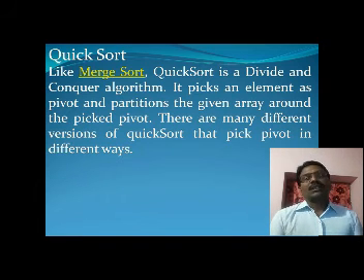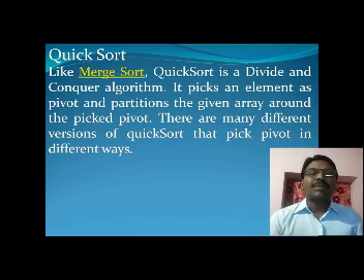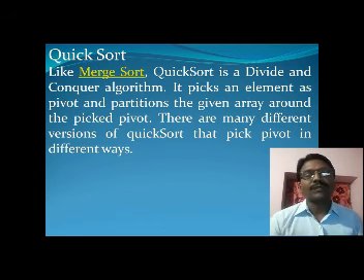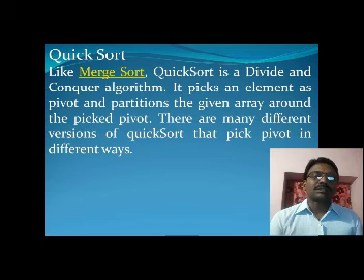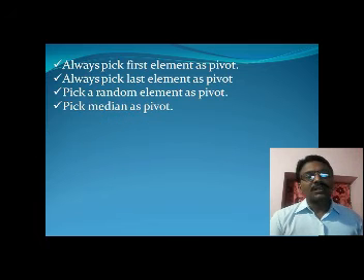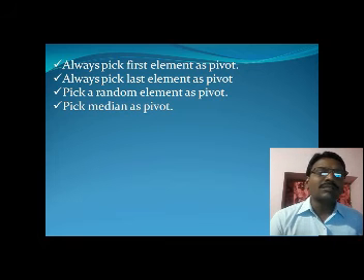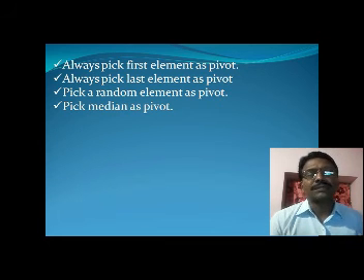But QuickSort, based on the picked pivot element, divides into two parts. What is a pivot? The pivot element is one of the elements in the unsorted array.